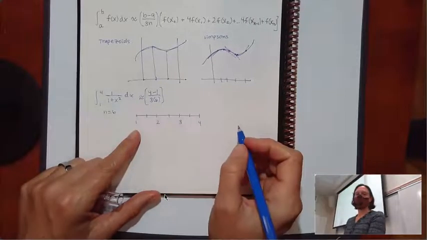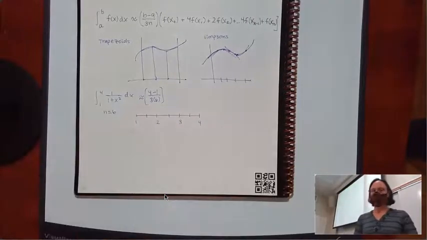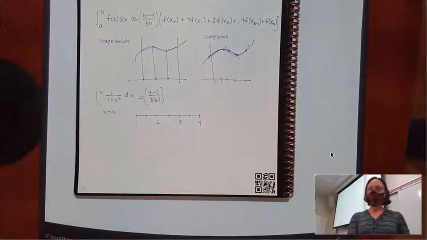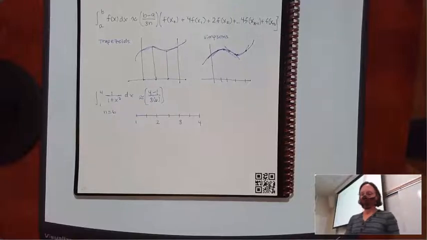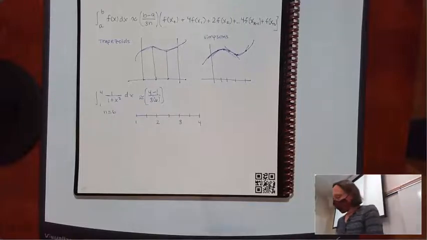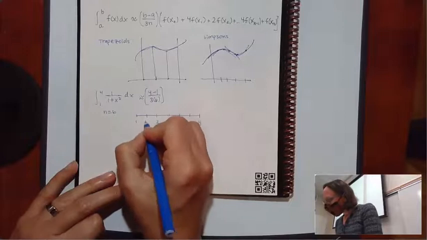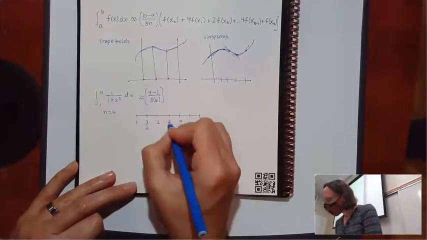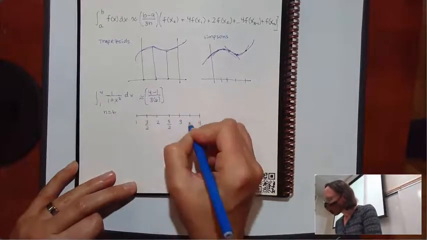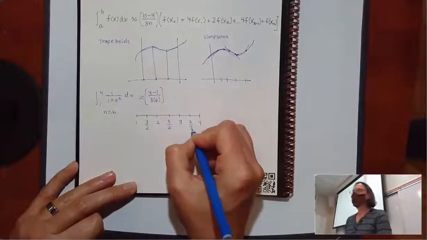Decimals or fractions? What do y'all want? Fractions? Cool. So this would be 3 halves, and this would be 5 halves, and this would be 7 halves.